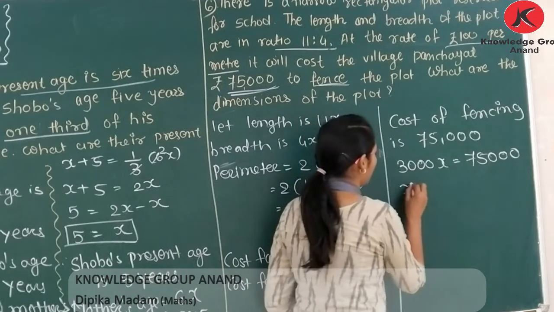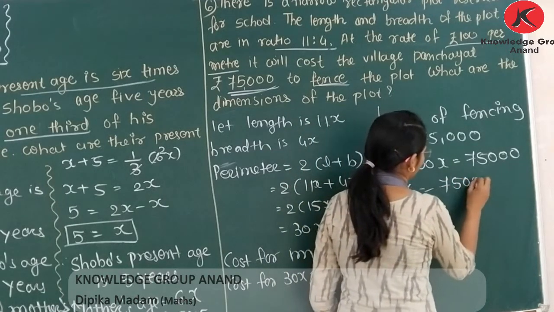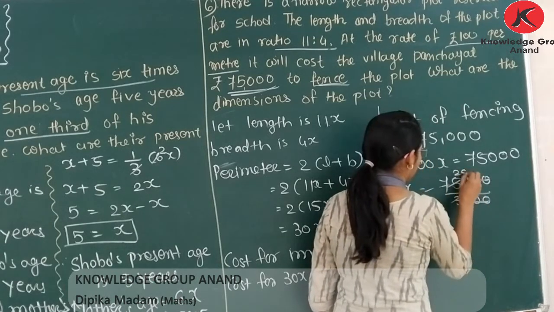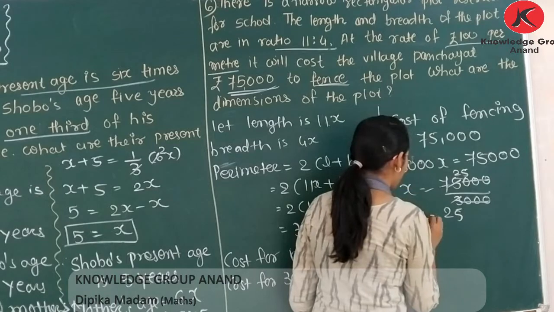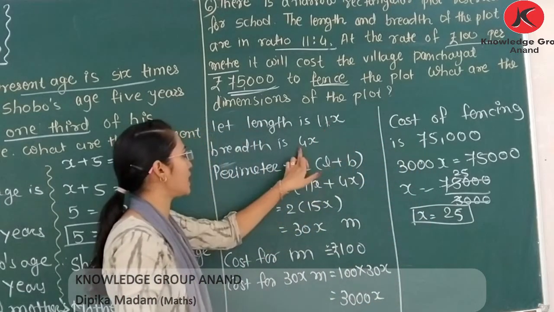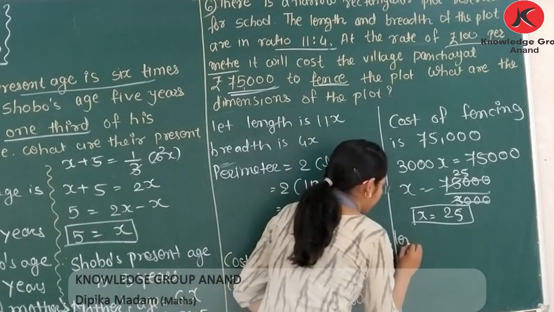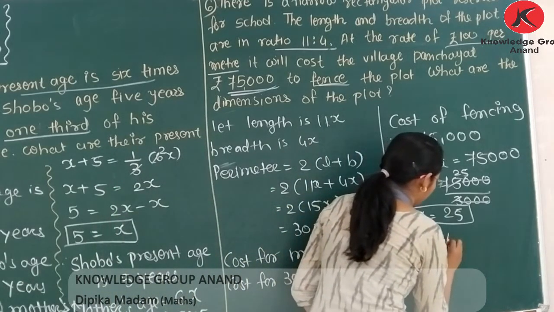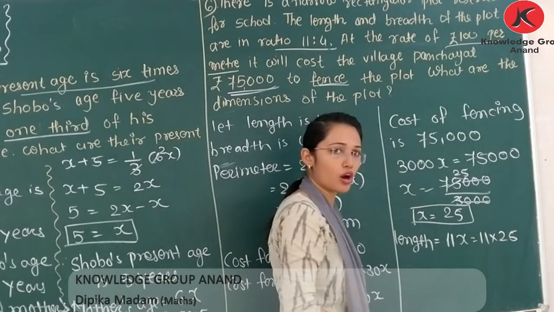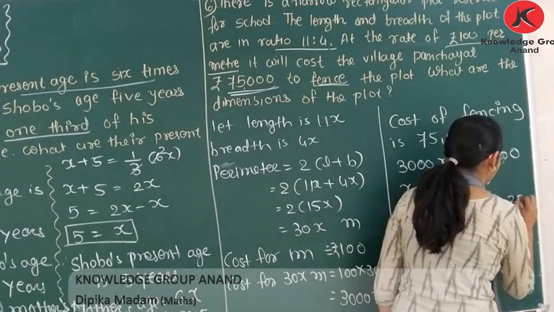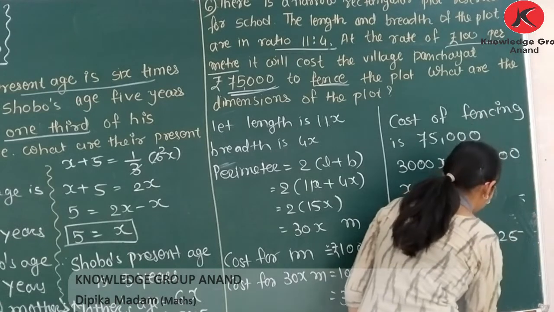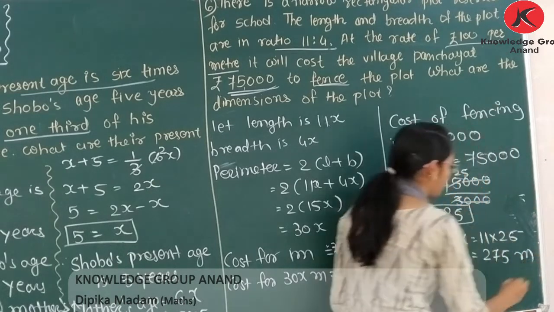So 3000 will be divided. So what is the value of x? 25. But what is our length? 11x and breadth is 4x. 11 into 25, so the length is 275 meter.